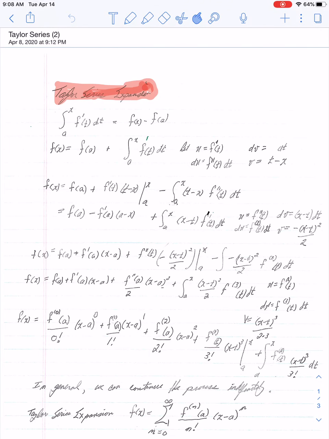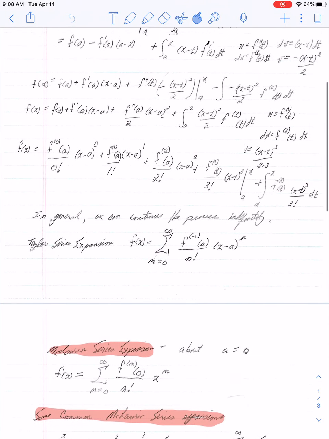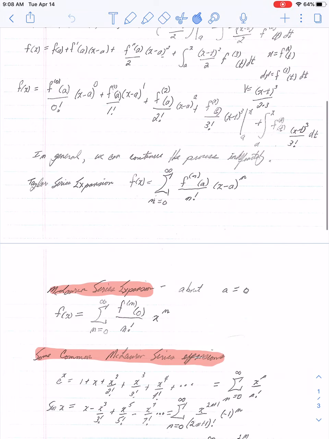A special case of Taylor expansions is called the Maclaurin series expansion. And the Maclaurin series expansion is the Taylor expansion when a is equal to 0.